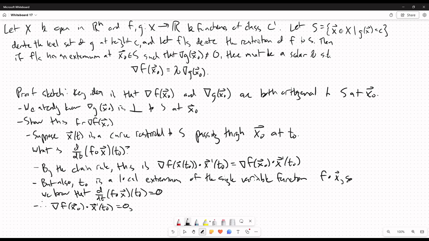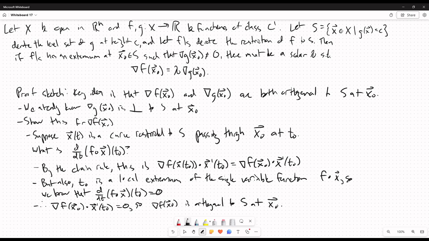Since it's orthogonal to the tangent line of any curve at t naught, that means that the gradient of f at x naught is orthogonal to S at x naught, which is exactly what we wanted to show.